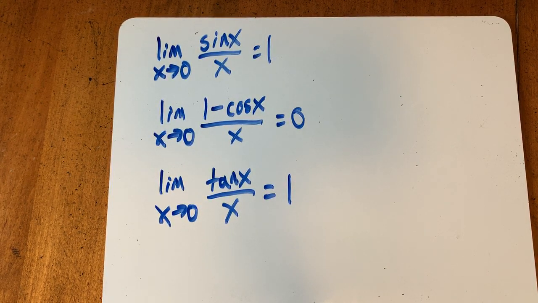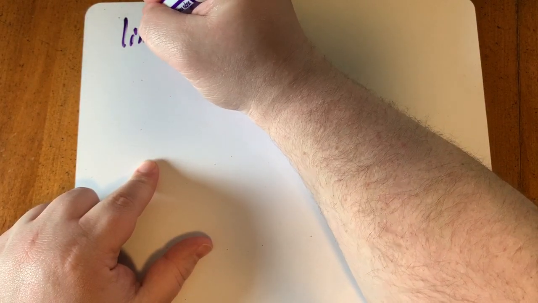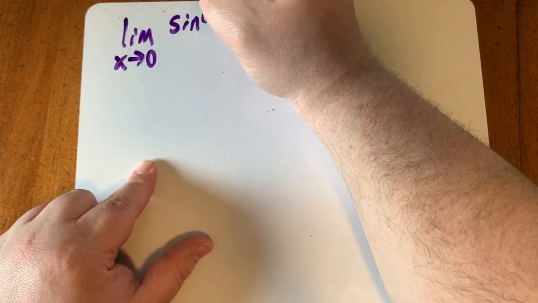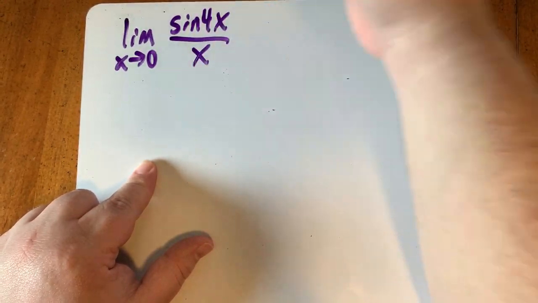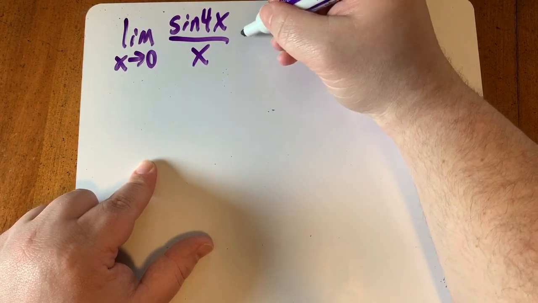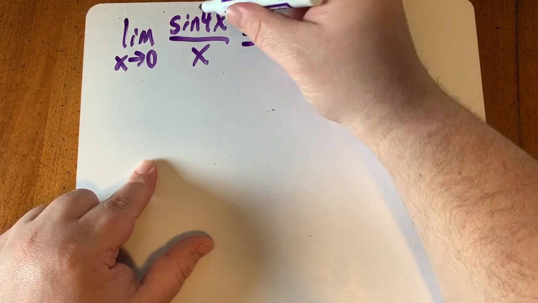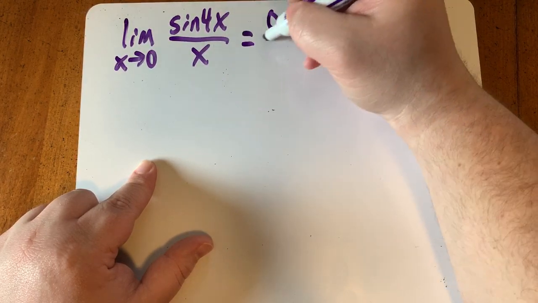So we have these three rules. Let's just try an example. Let's say we have the limit as x approaches 0 of sine of 4x over x. If you plug in 0, 4 times 0 is 0, sine of 0 is 0, and then divide by 0.